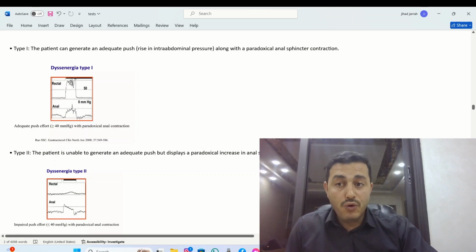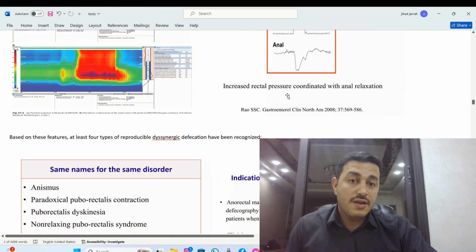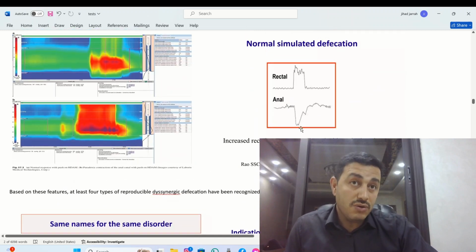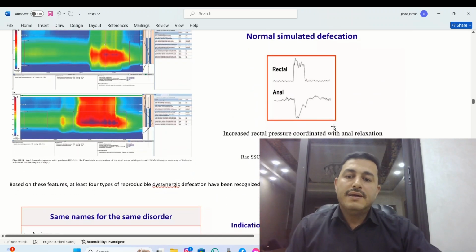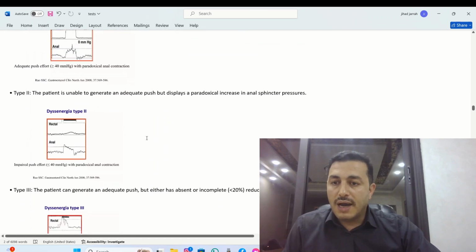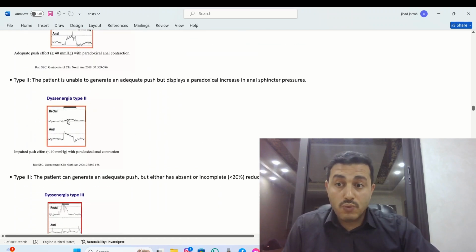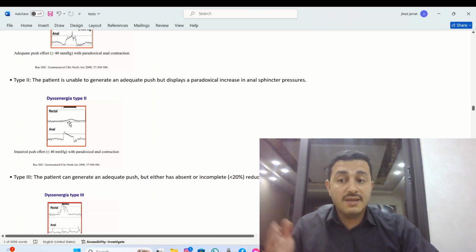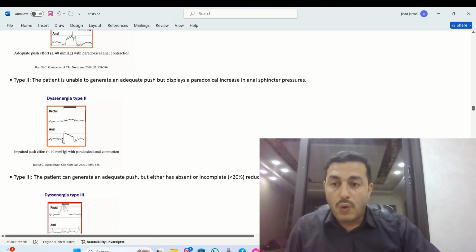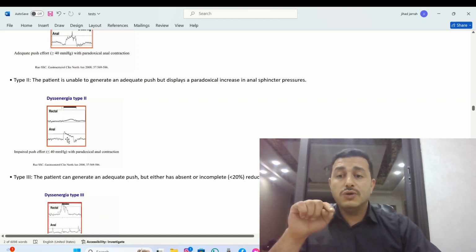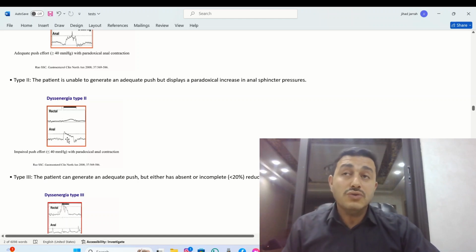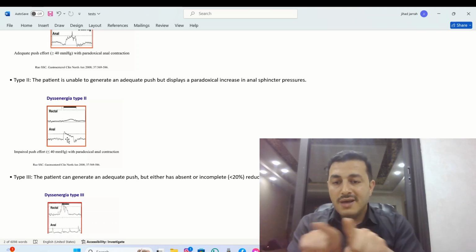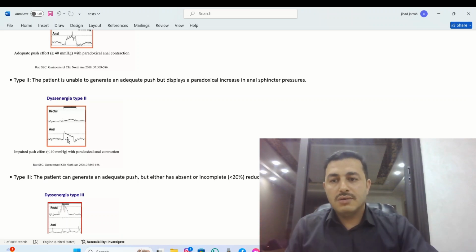You can see that both are increased, while in the normal one the anal should open. If we go to type 2, again we have no increase in the rectal pressure while asking the patient to defecate. This means impaired push effort. And we also have paradoxical anal contraction, so they synergize each other.